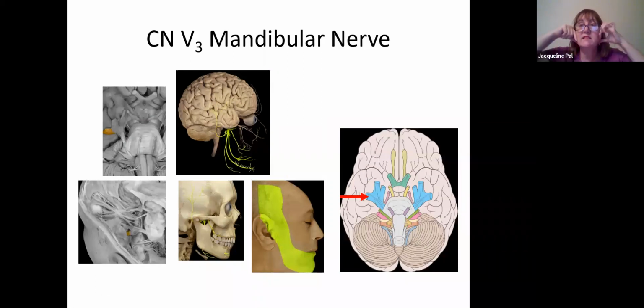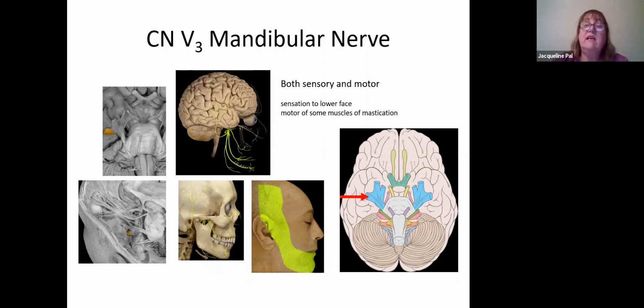And that will give us sensation here in the lower part of the face. But in addition to that, we have branches of the mandibular nerve, which are going to go to some of our muscles of mastication. Okay? So at this point, you should know what the 2 of those muscles are at least.